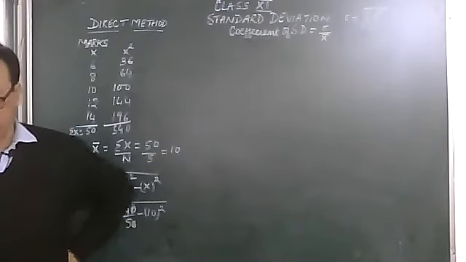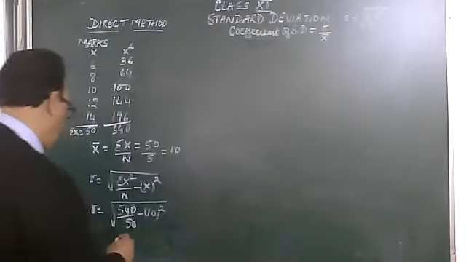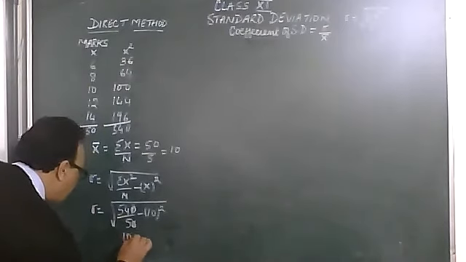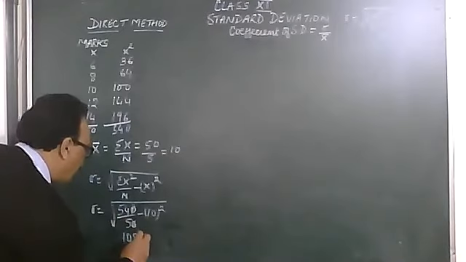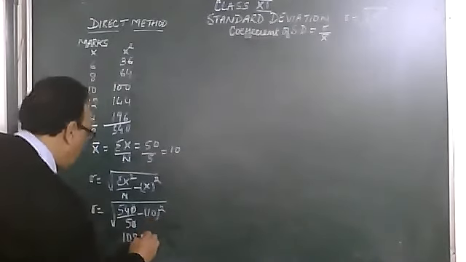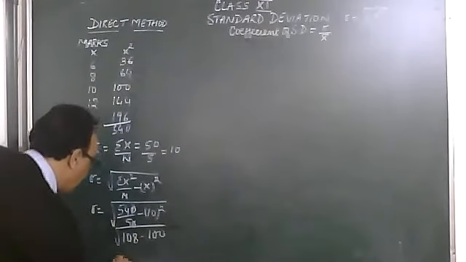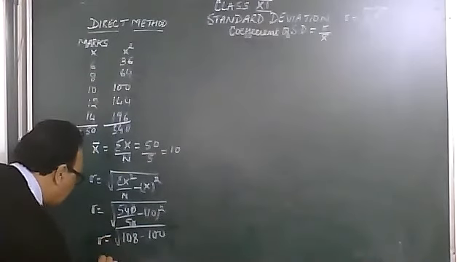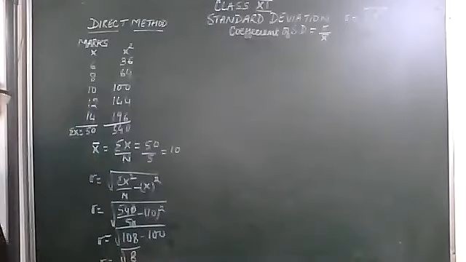These two cancel. What will you get? 108. 5 on the 5, 0, 5 is 40. Then minus 100. Standard deviation is equal to under root 8.